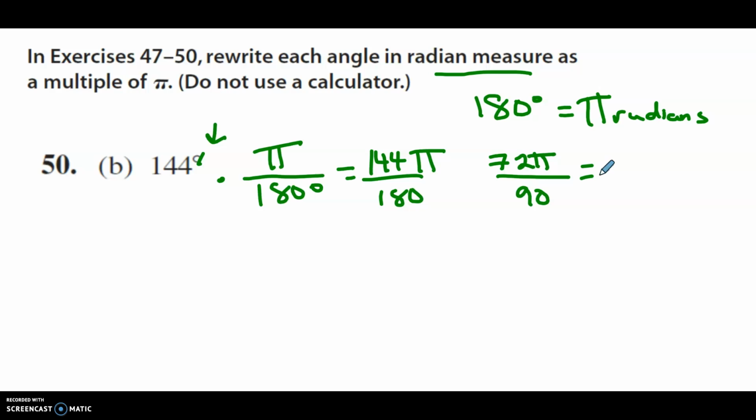Just going to double check right here. If I continue on with this, I know 9 goes into 72 8 times and goes into 90 10 times, and then I know 2 goes into this, 4 pi over 5, and that's my final reduced version. And you won't be working with a calculator, so that's how many steps it might take you unless you know larger common factors, but that's your answer.